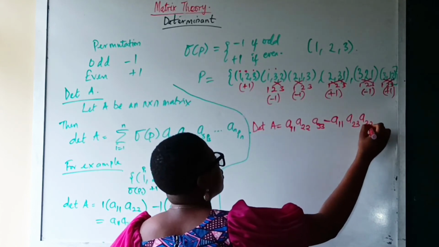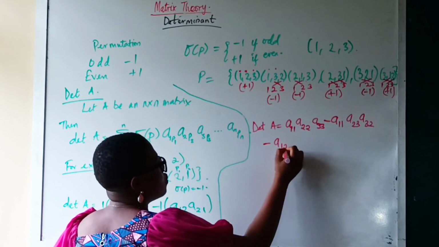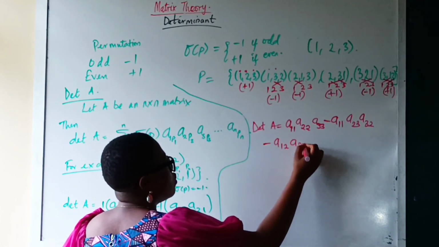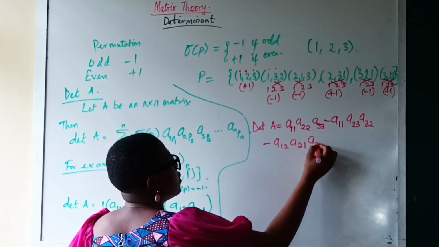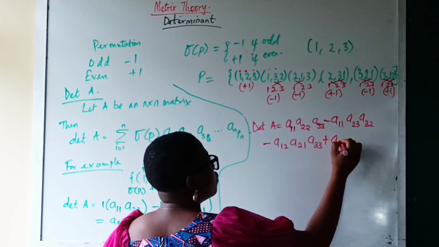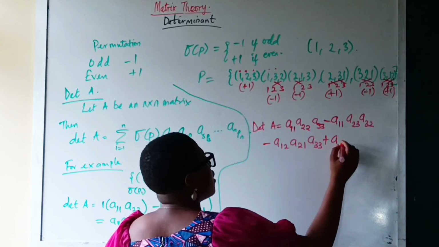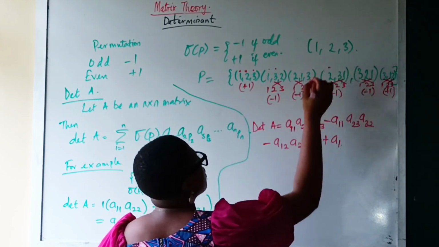Minus A12 A21 A33, plus A12 A23 A31, this is where we are.